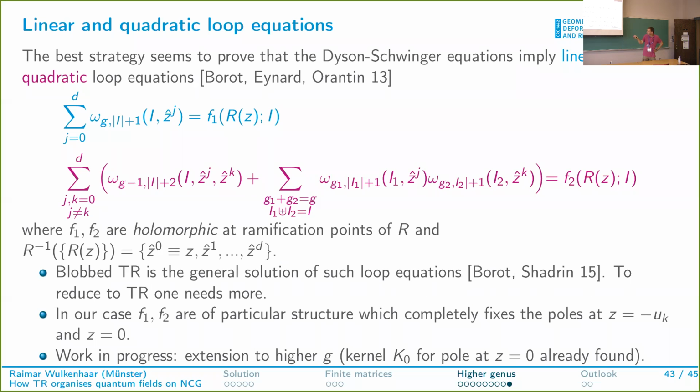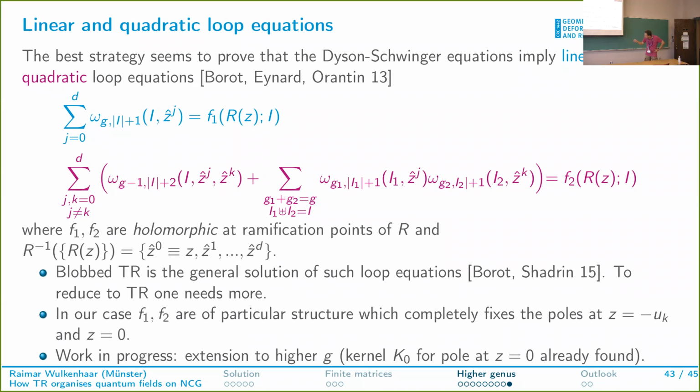The fiber consists, in our case, of d plus 1 points. One is the principal branch, if you like, and then there are d others, generically, except at the ramification points. You sum over all these pre-images. Then the result should be holomorphic at the ramification points of x, or r in this case.